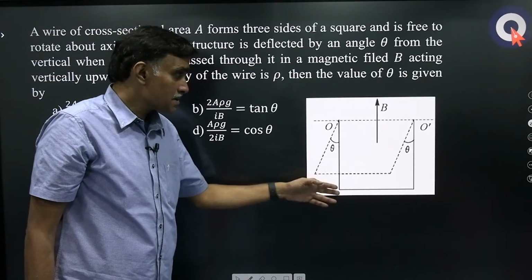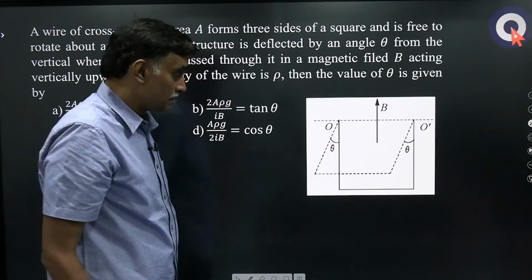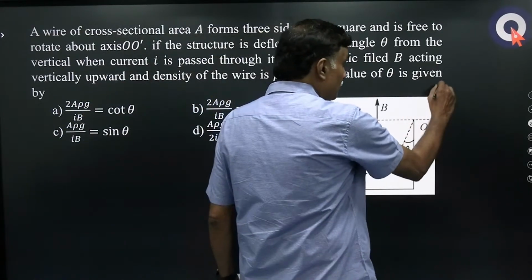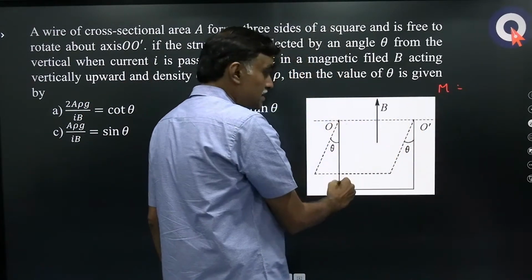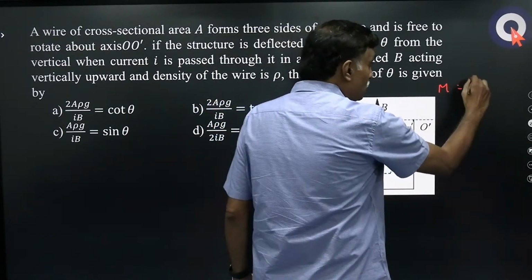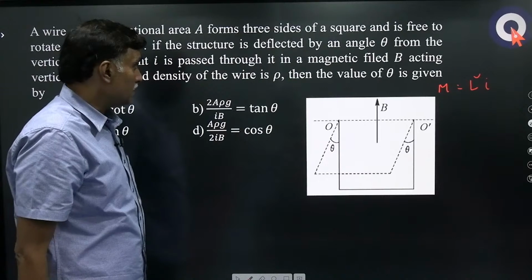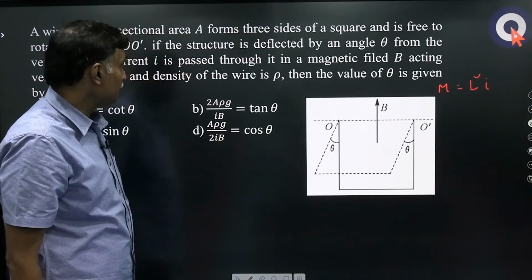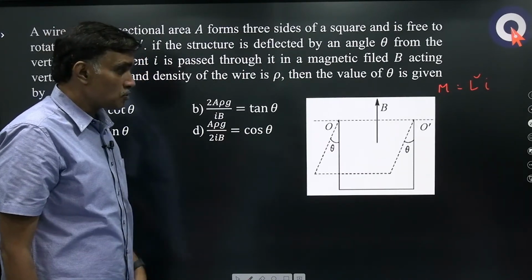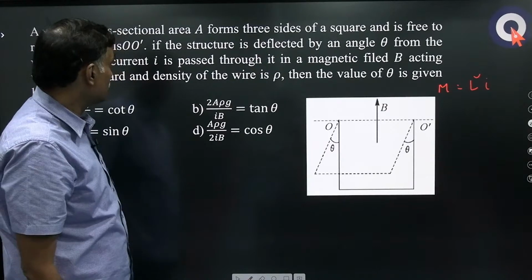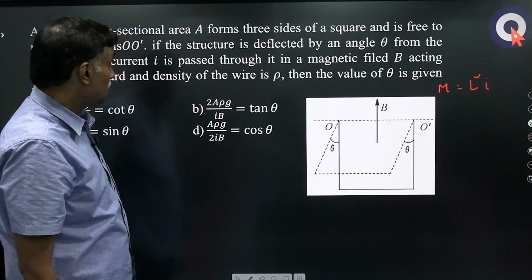So in this case, what is the magnetic moment? If each side length is L, then it is L square into I, that is current, okay. Density of wire is rho, they have given. And what is A?